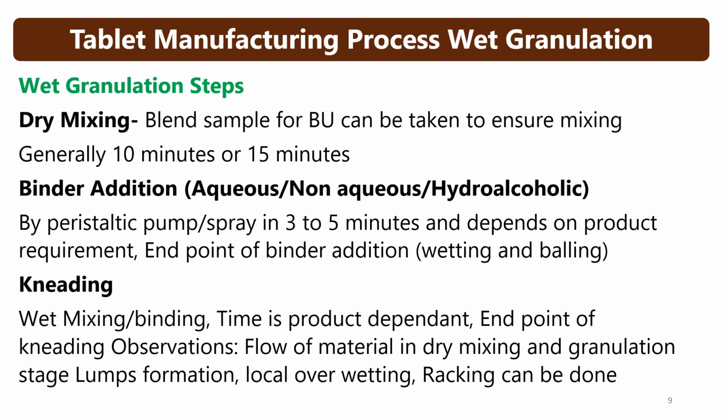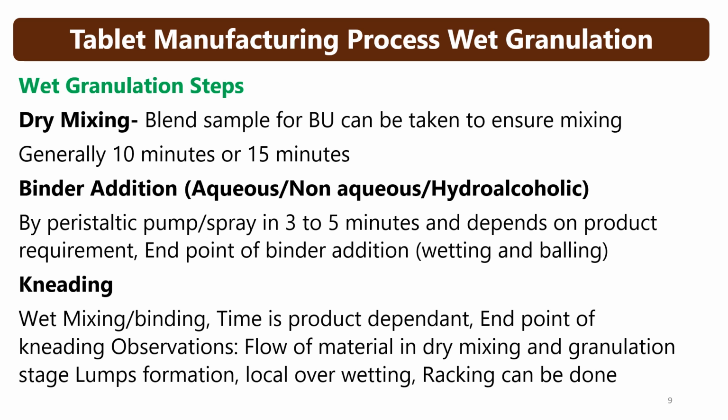So some observations are required when you are doing wet granulation using the RMG. These are flow of material in dry mixing and granulation stage. If your dry mix material is not flowing or not getting mixed, or it is sticking to the walls, maybe due to static or some cohesiveness, mixing will not be proper.